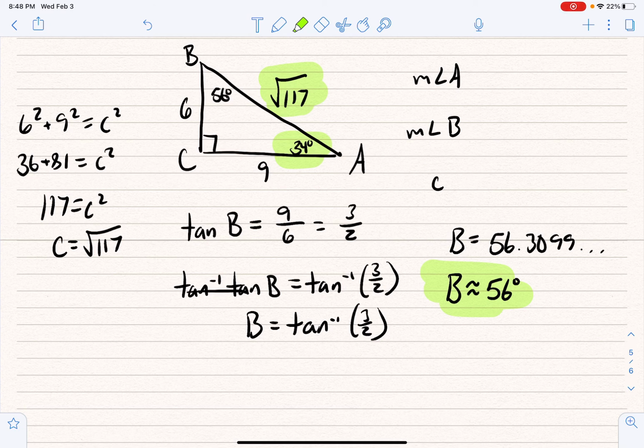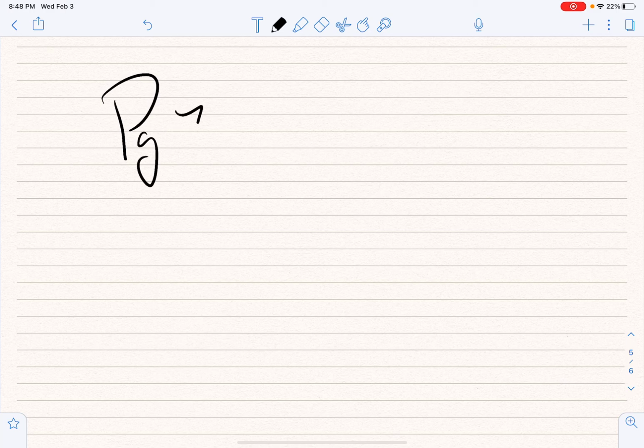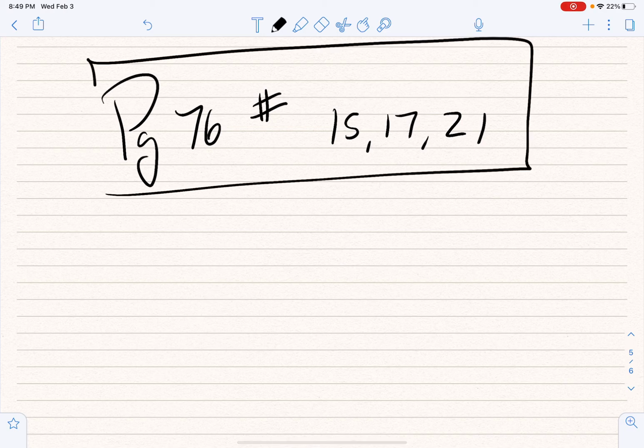But otherwise, we can go to the book, and we can go to page 76 and try 15, 17, and 21. They give you all the information about the triangle, but they do not draw it for you. All the answers of these three are in the back of the book, and you can check your answers.